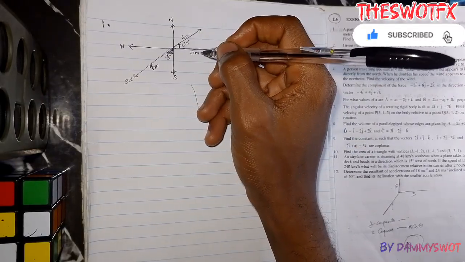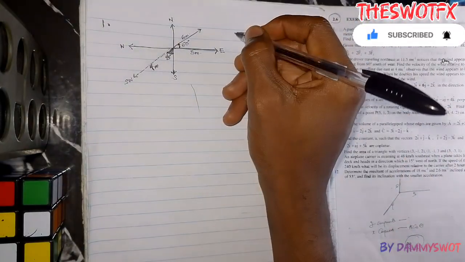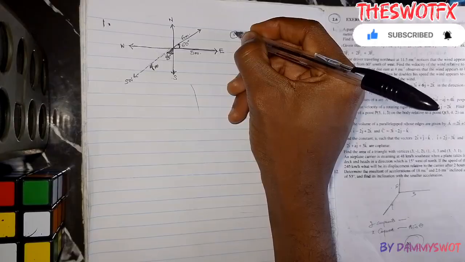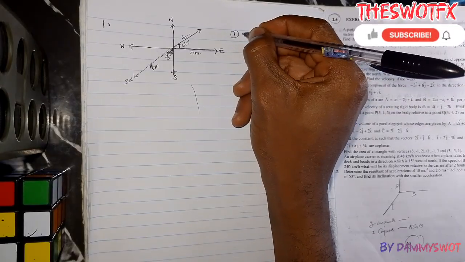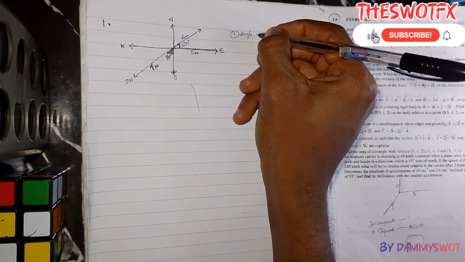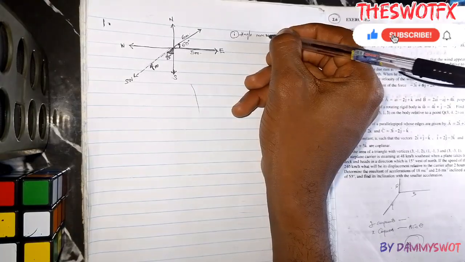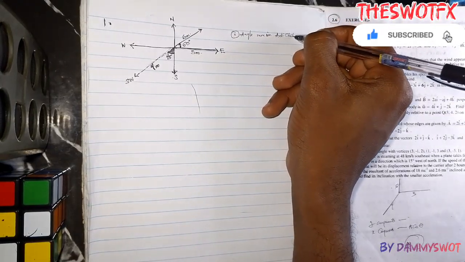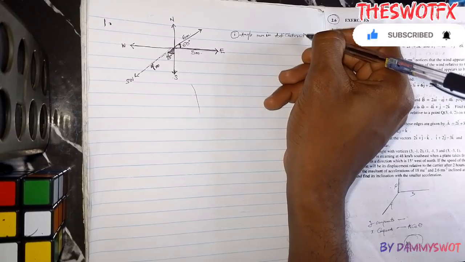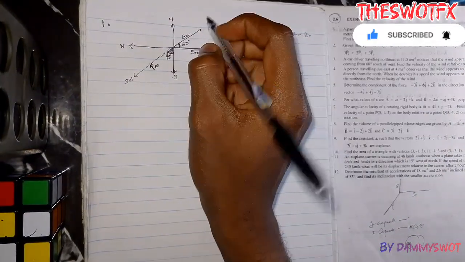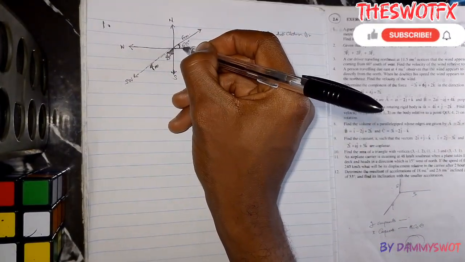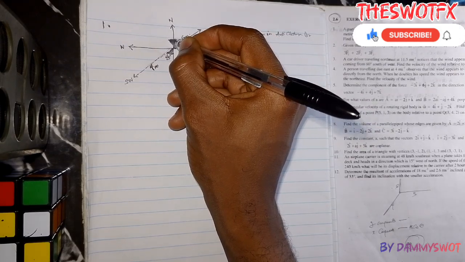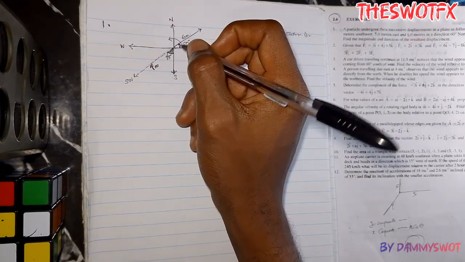One thing you should understand is that for vectors, the angle moves in the anti-clockwise direction first. So the movement of the particle is in this form, anti-clockwise.